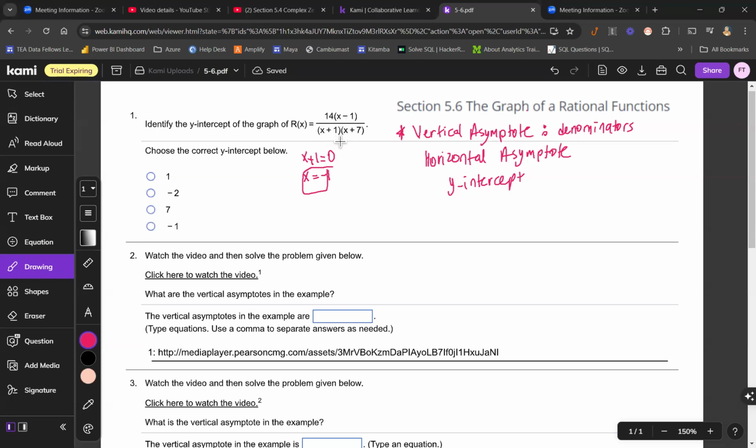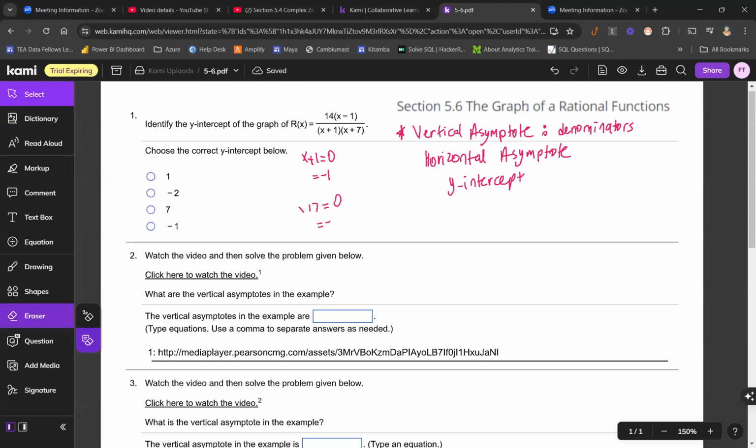Whenever the denominator is a 0 for rational functions, the function becomes undefined. So x equals negative 1 is a vertical asymptote. There is one more factor here that we need to consider. That's x plus 7. When I set this to a 0, it gives me x equals negative 7. So this question has two vertical asymptotes.